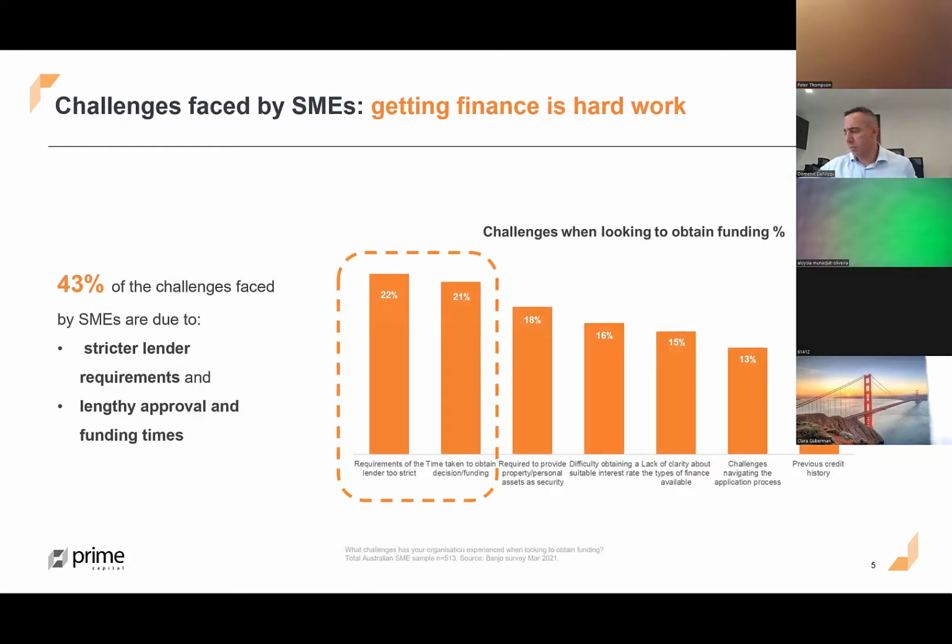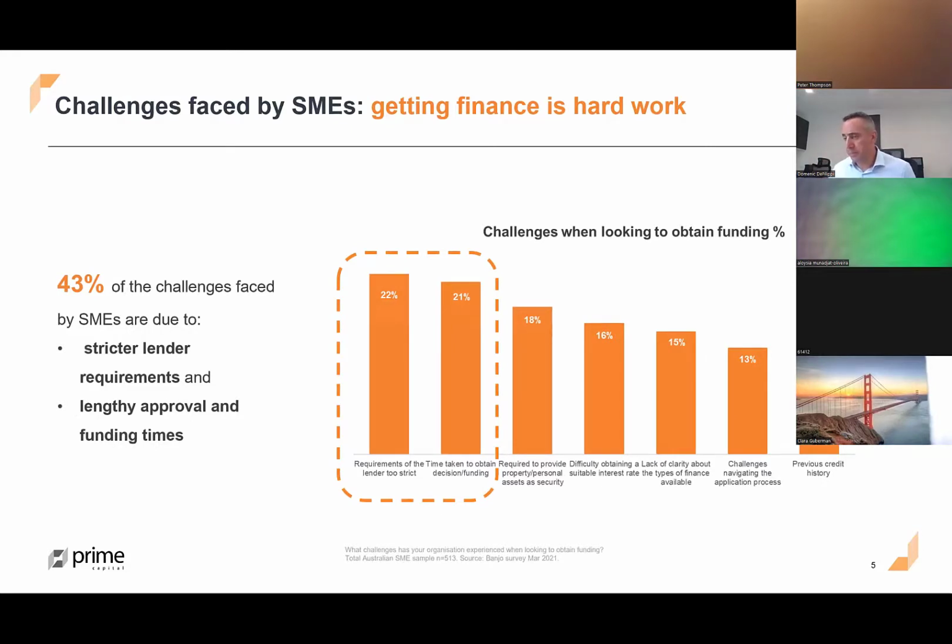A survey conducted of SME markets identified the top 7 challenges faced by your SME clients in getting funding. 43% of SMEs reported that the top 2 reasons were stricter lending requirements and lengthy approval times.